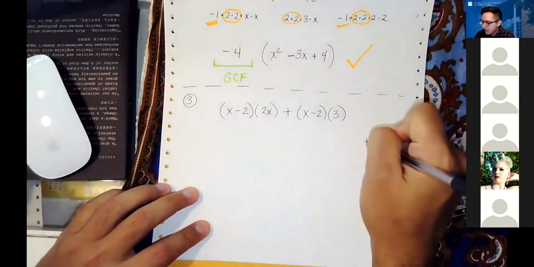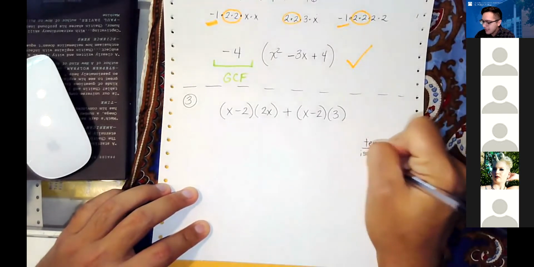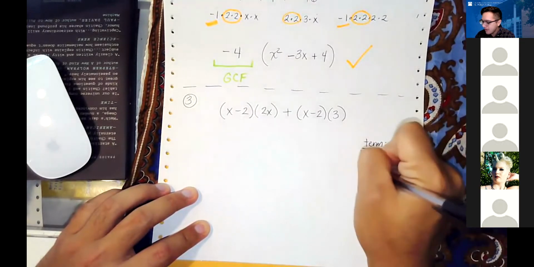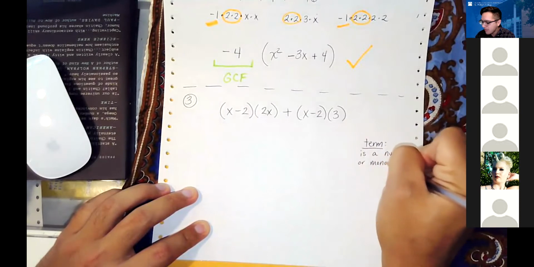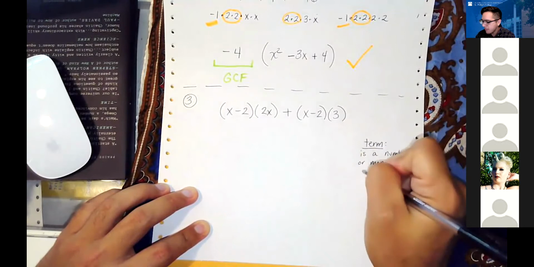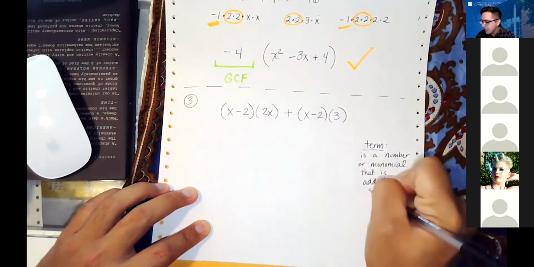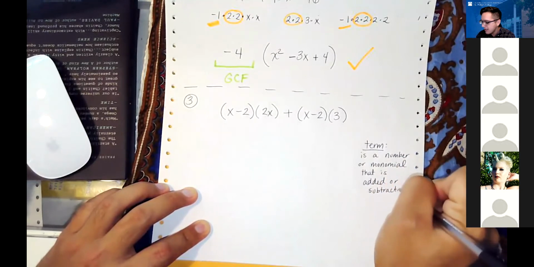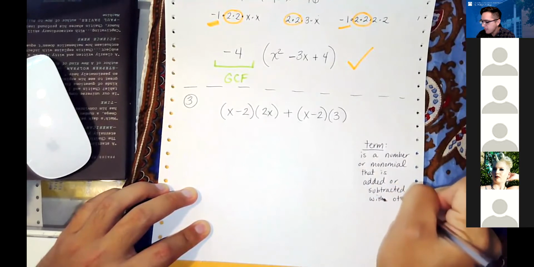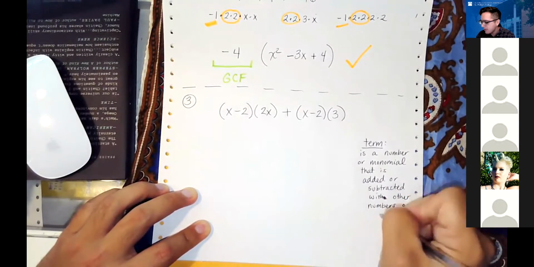Okay, so a term is a number or monomial that is added or subtracted with other numbers or monomials.